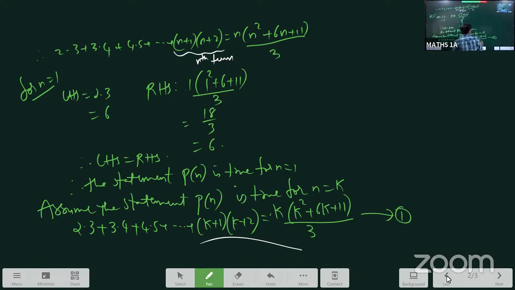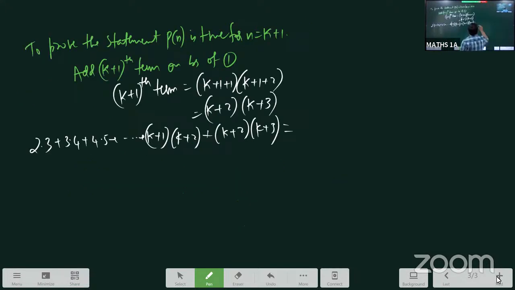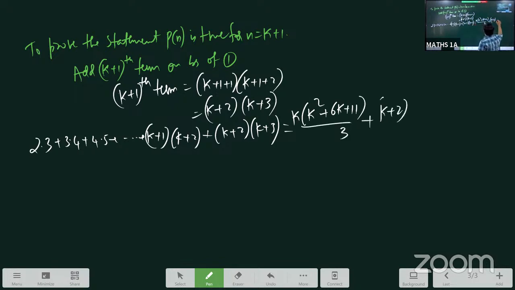Here we are going to add k into k square plus 6k plus 11 by 3 plus k plus 2 into k plus 3. So we have added k plus 2 into k plus 3 on both sides of equation 1. What is equation 1? n equal to k, the assumed statement. That is your equation 1.